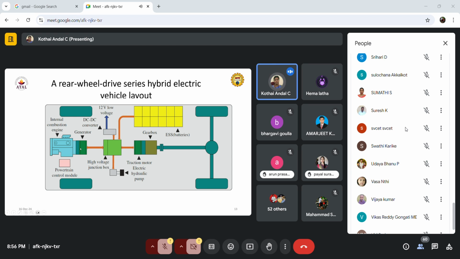This is the motor part. So the motor drives the vehicle, powered either by the engine or by the battery. This is the series mode.